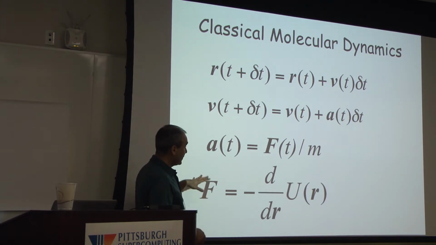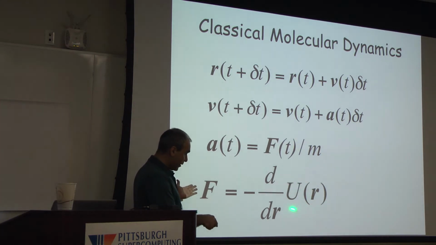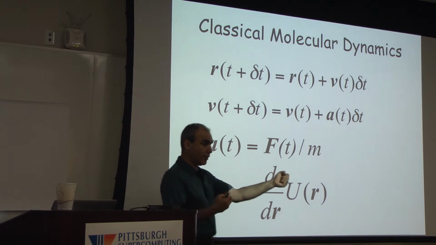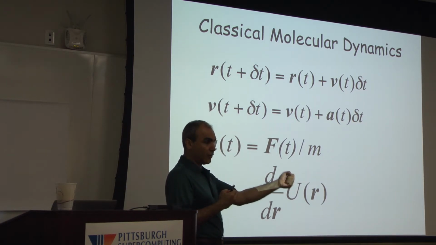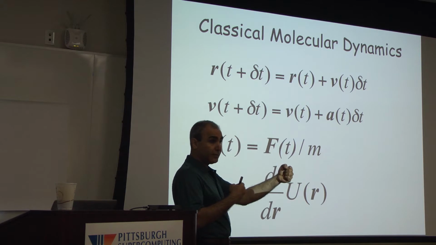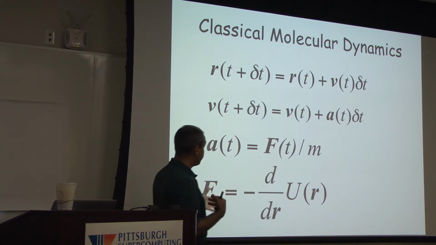So if I define this potential energy, this is the set of rules: how two particles that are sitting 5 angstroms apart, one of them has 0.5 charge, the other one is neutral, how they exert force on each other. So this is the force field. These are the rules that I have to define. That's it.